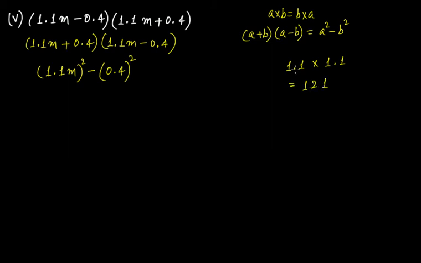Now after the decimal you have one digit, and here also one digit, therefore 1.21 m squared minus 0.4 multiplied by 0.4. So 4 multiplied by 4 is 16, and after the decimal you have one digit, here you have one digit, so 0.16. This is the answer.